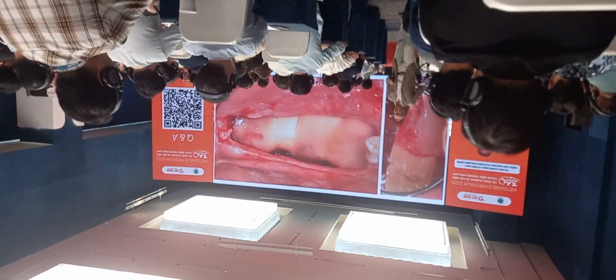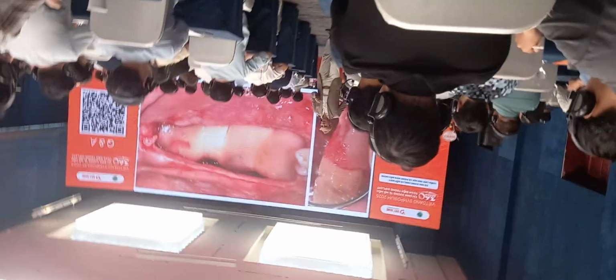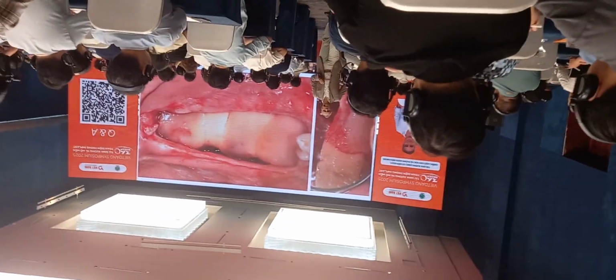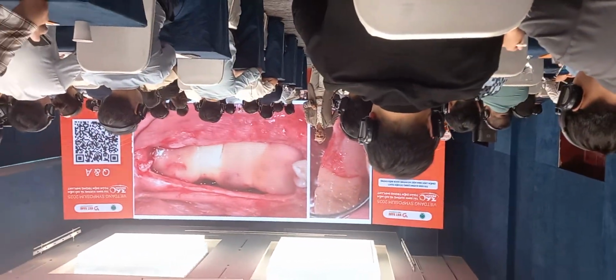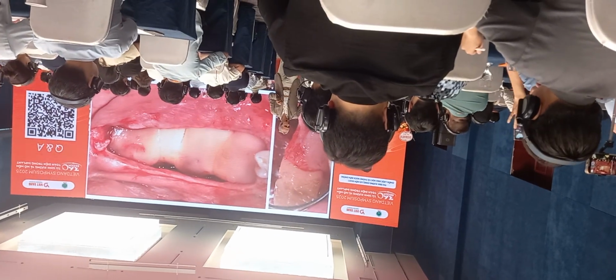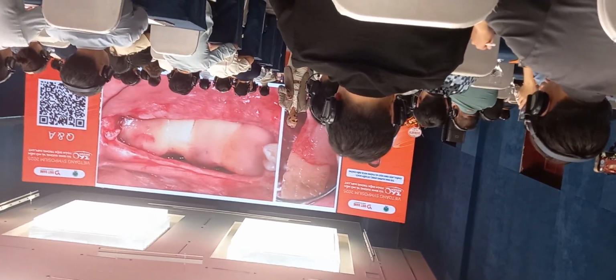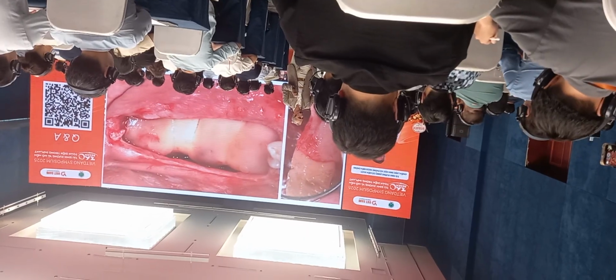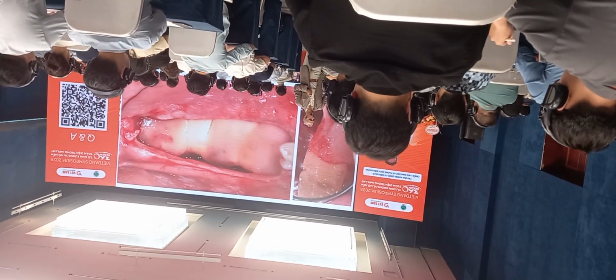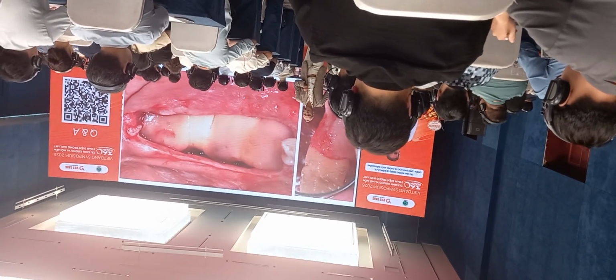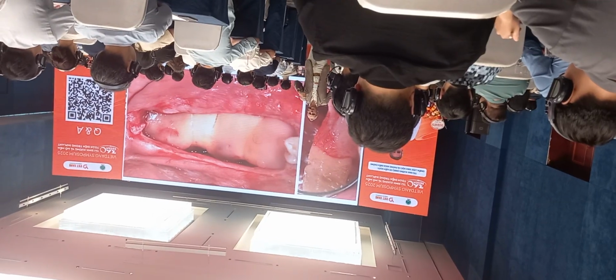But it means that it isn't needed to have the bone peak in order to regenerate the bone. This is an old concept.